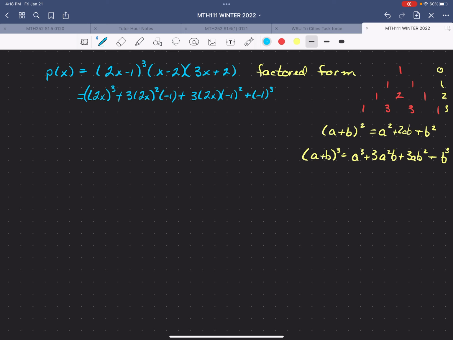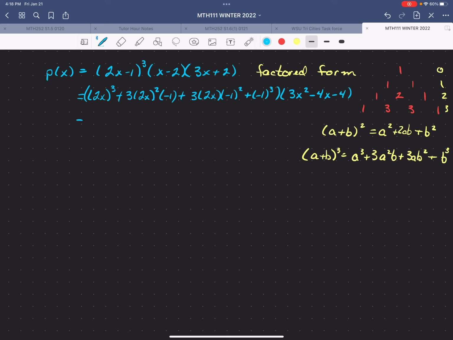Now, all of this is still multiplied by these, but I'm going to FOIL these two together. So I'm going to get 3x squared minus 6x plus 2x is minus 4x minus 4.